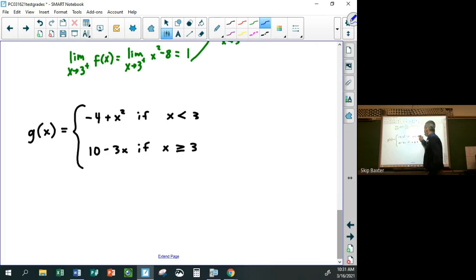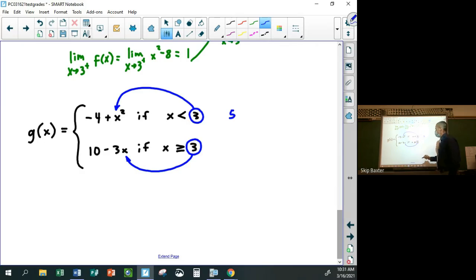So all you're going to do is take 3, substitute it in for x there, which would give you negative 4 plus 9, which is 5, and then take 3 and substitute it in for x there, which would give me 10 minus 9, which is 1. These are not equal.